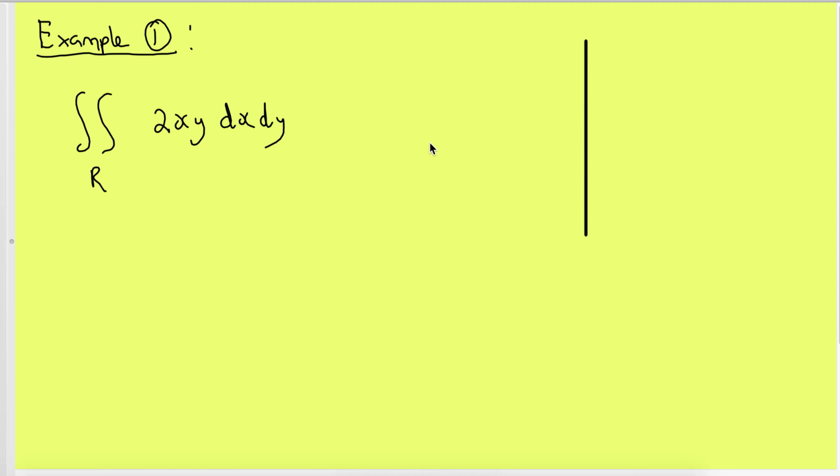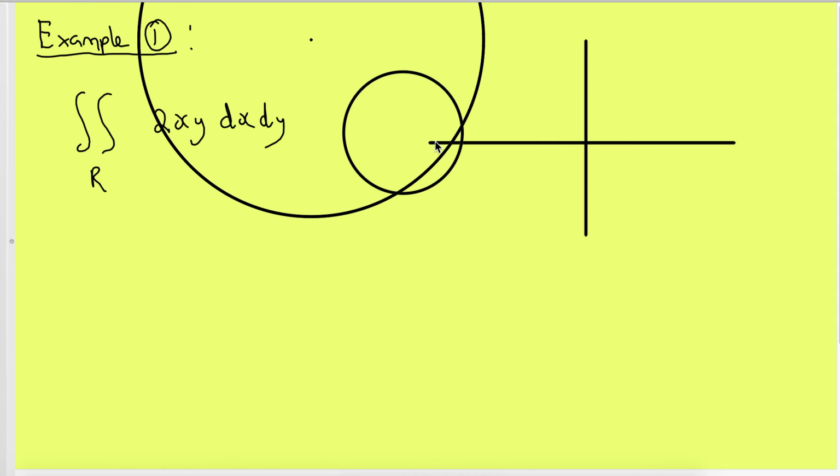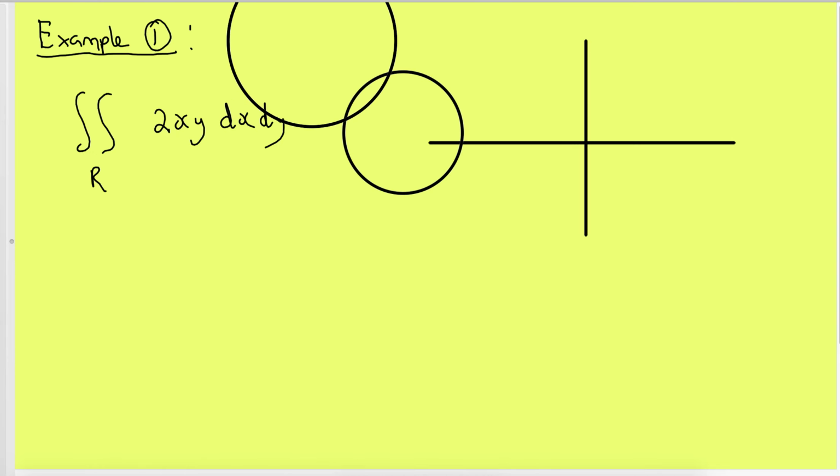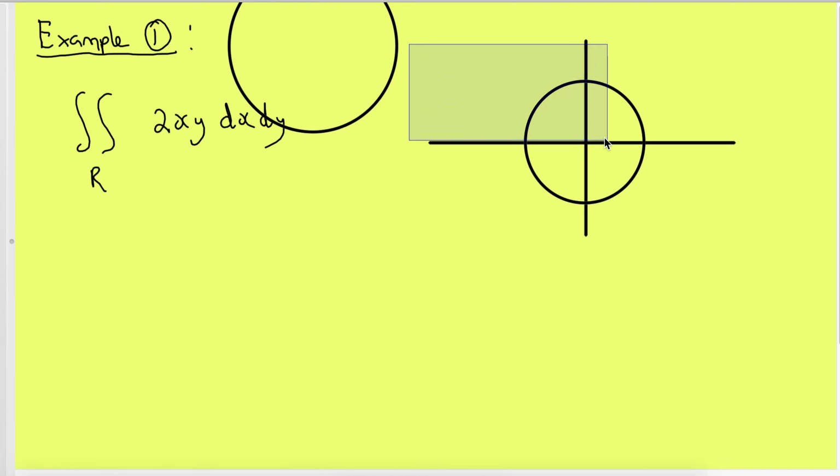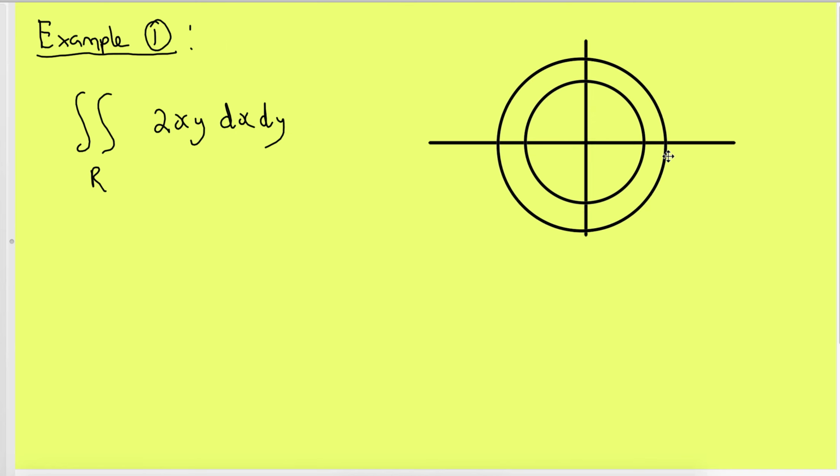Now I'm going to give you the region. The region looks like this. It's got a circle, and a second circle. So let's label my axes: that's x, that's y.